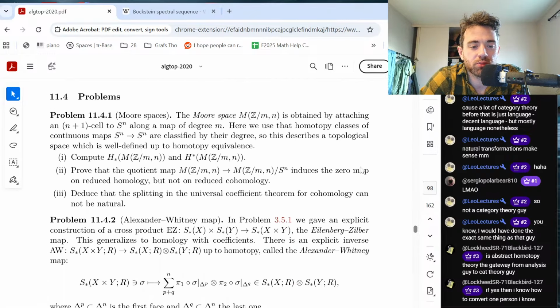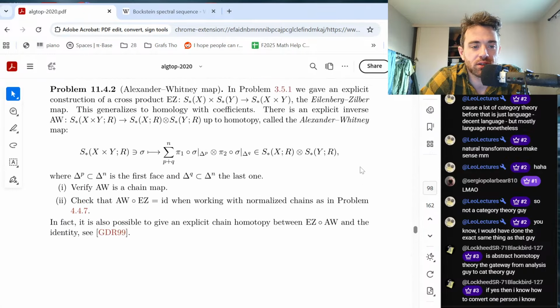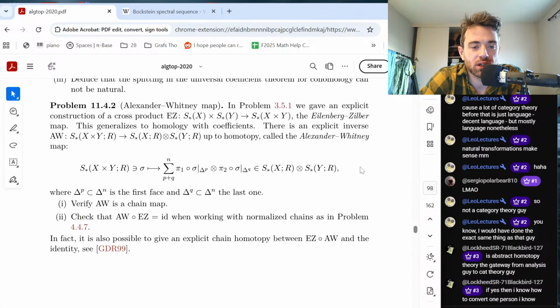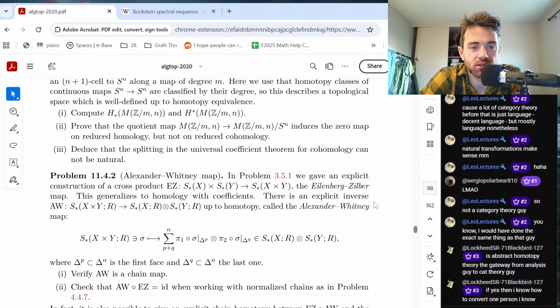And also, I guess I'm going to have to wade through this to do the cohomological version. I guess I should just be a big boy and compute the cohomological version myself.